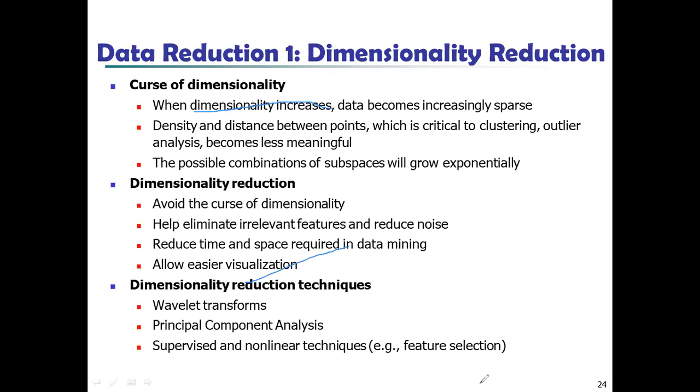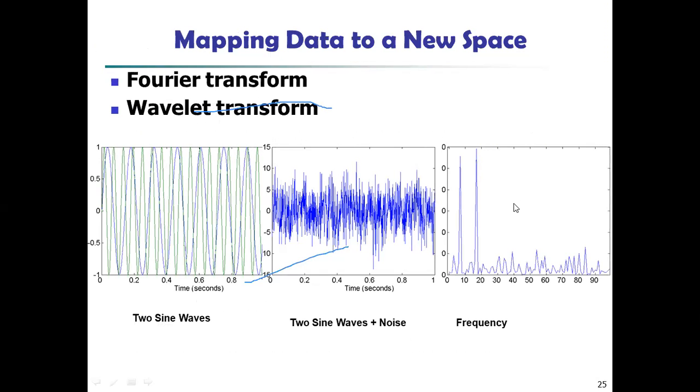Here first we have to consider wavelet transforms. You can represent it like this, the data we have to represent. Whenever we map the data into a new space, we have to consider two types of transforms. First one is the Fourier transform, and second one is the wavelet transform.